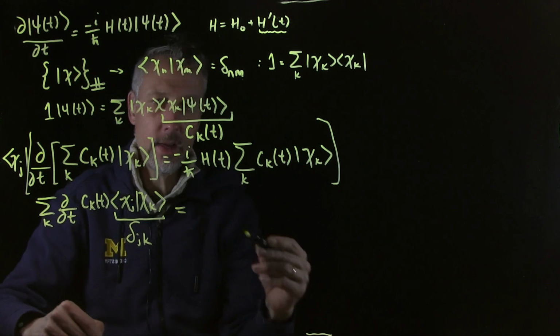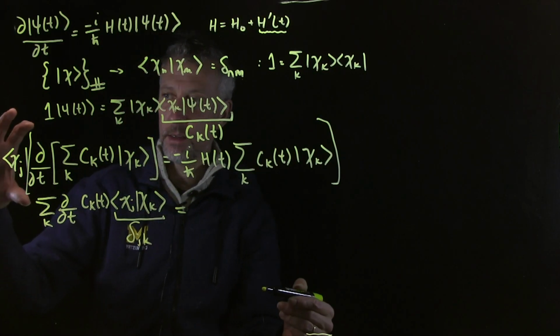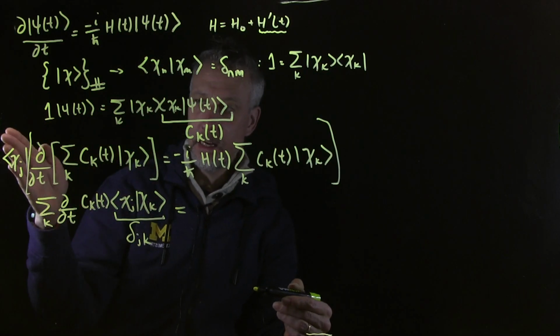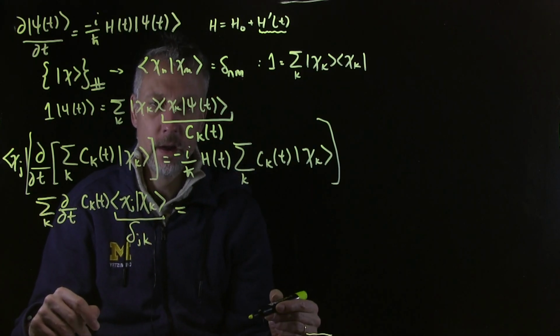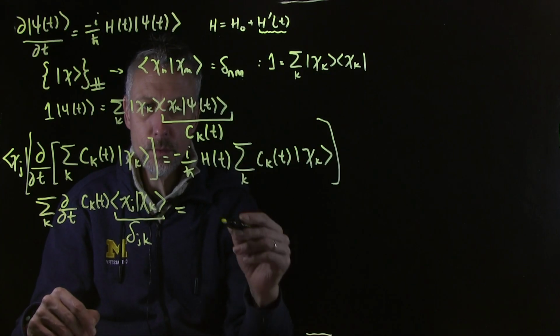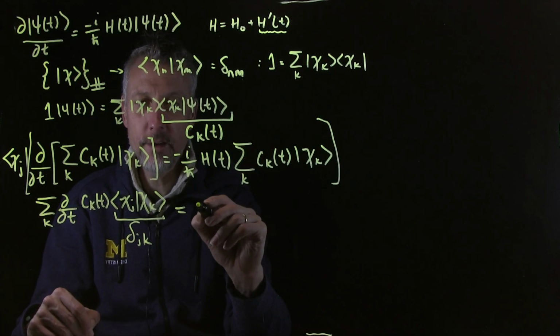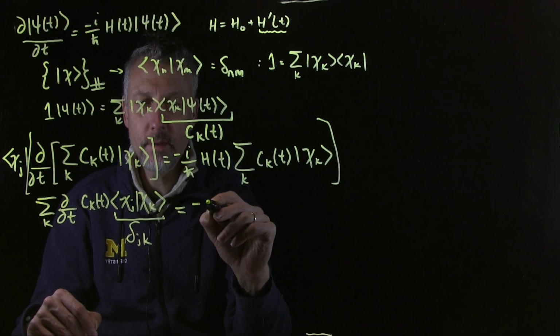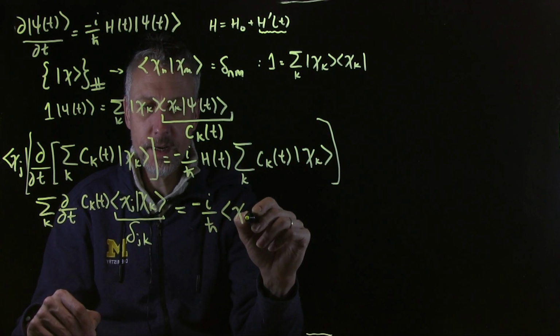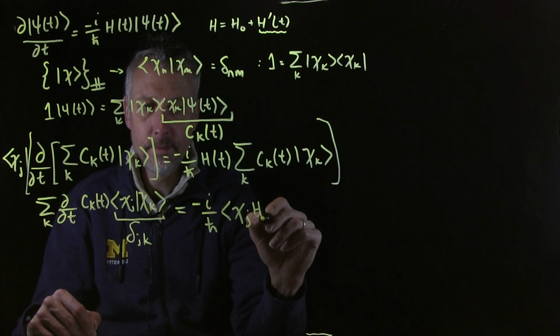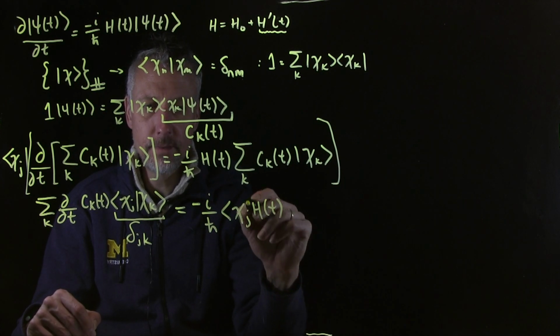All right, on the right-hand side, what do we have? Now we bring this across, and it can tetris until it hits an operator or another vector. So in this case, it hits the Hamiltonian. And so we have minus i over h bar, chi j, H of t.